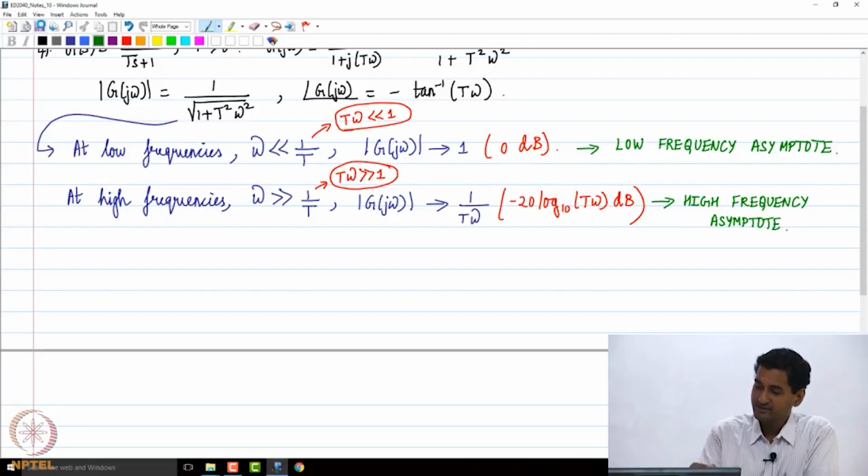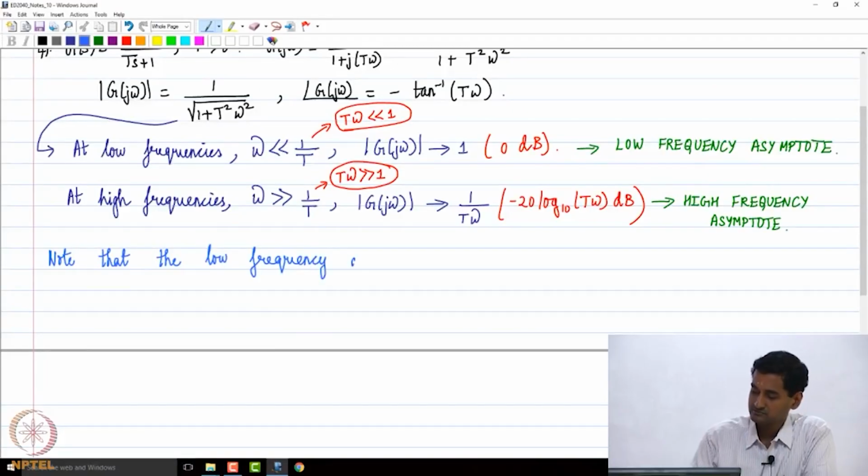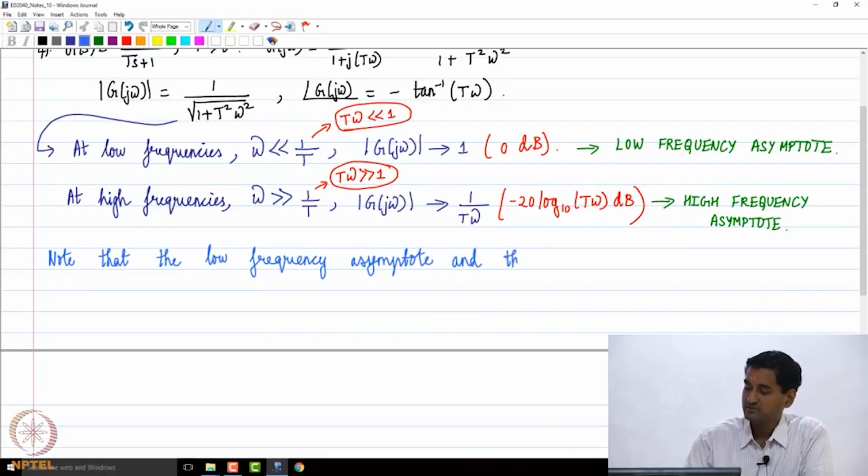We can note that the low frequency asymptote and the high frequency asymptote intersect. Where do they intersect?